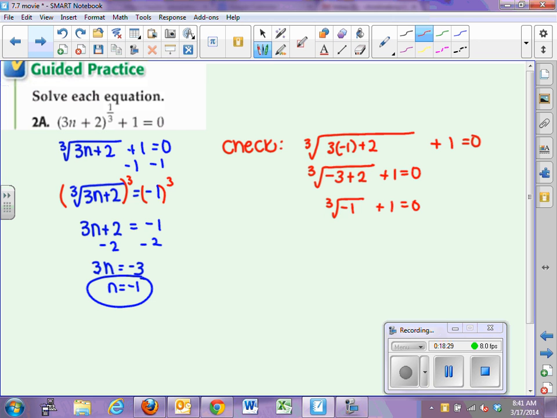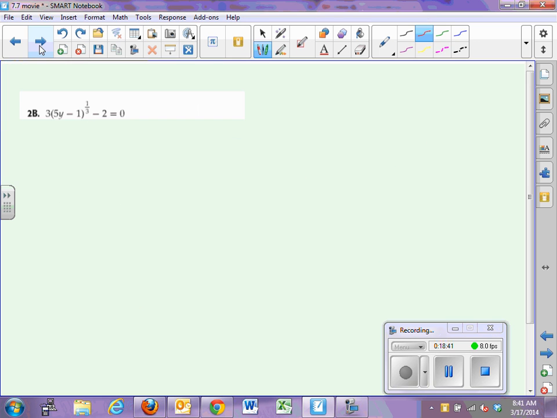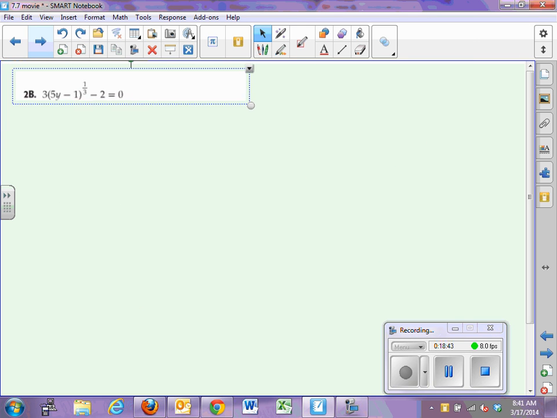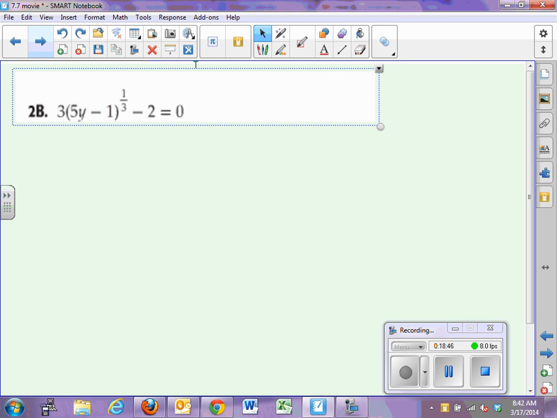Oh, -1. And -1 plus 1 is 0. So I'm really happy with the answer, n equals -1. Go ahead and try this one. Again, you could pause it and do the whole thing if you prefer.